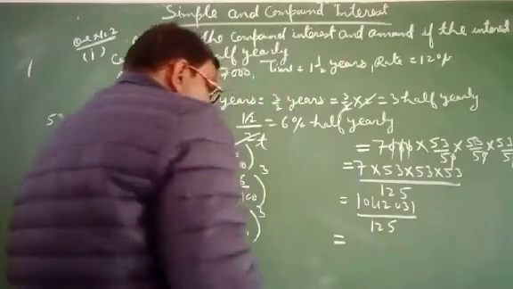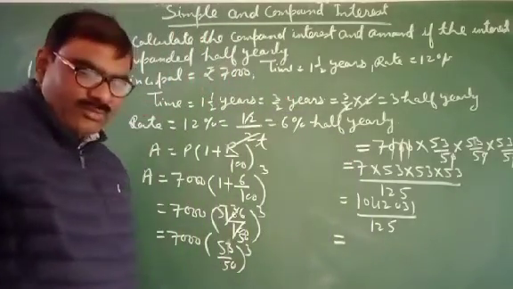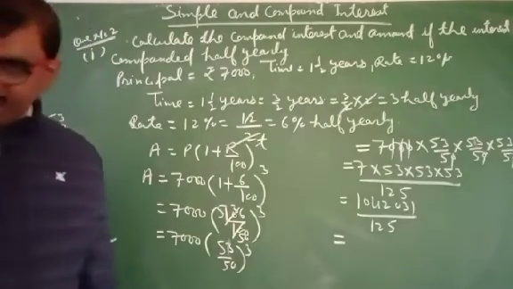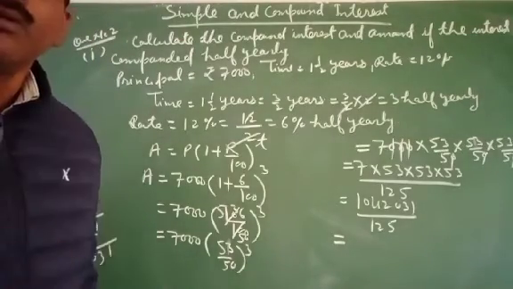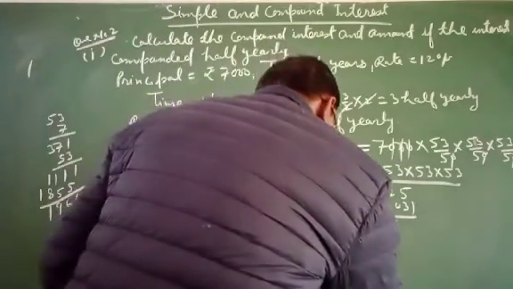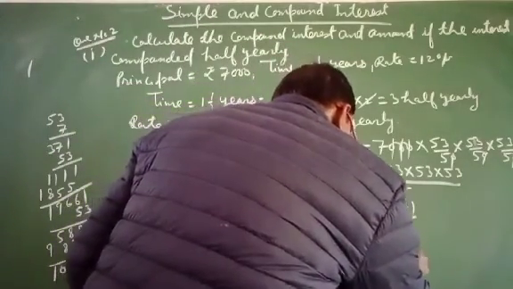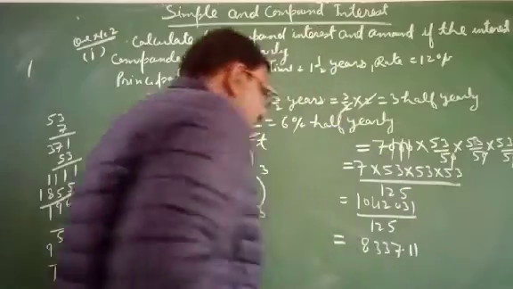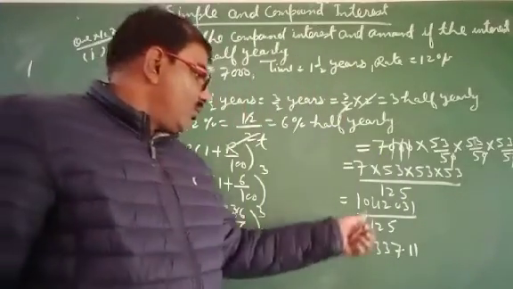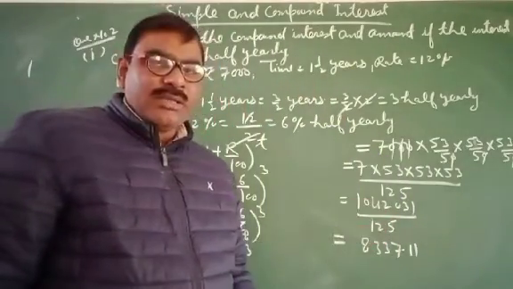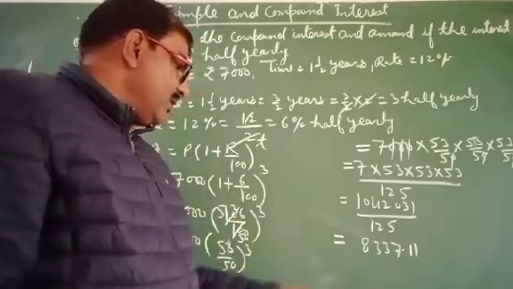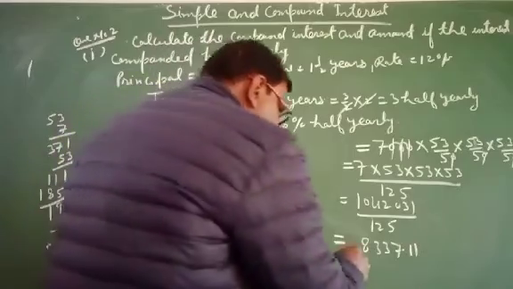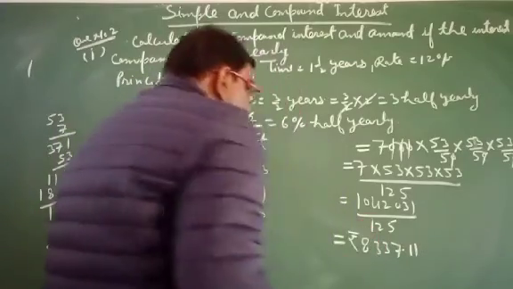Then it will be equal to 8337.11. When you divide 10 lakh 2031 by 125, we get 8337.11. This is the amount.